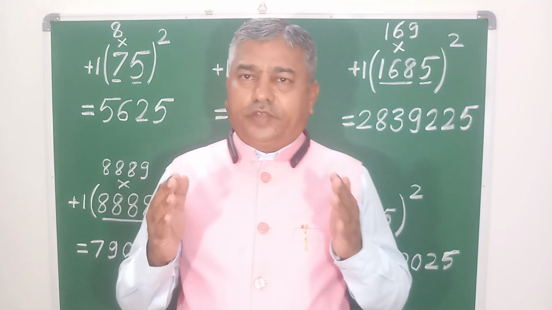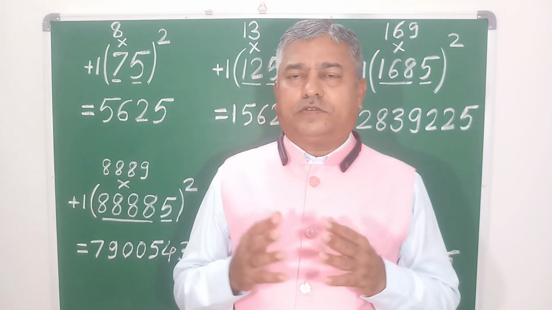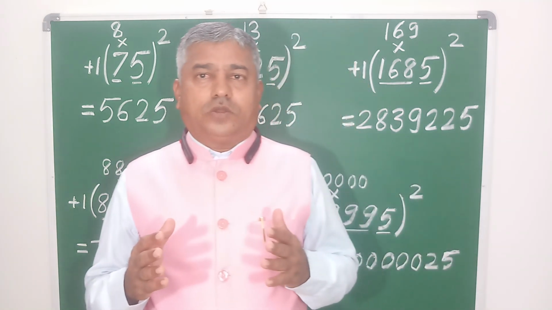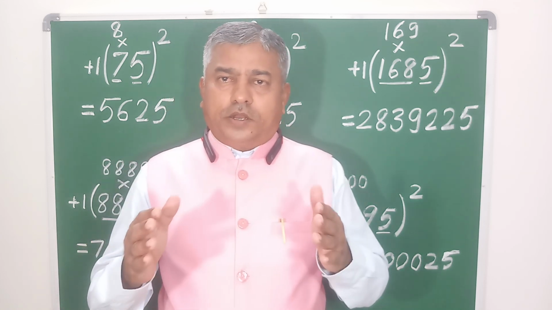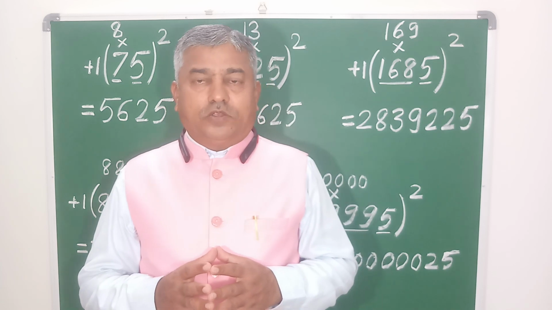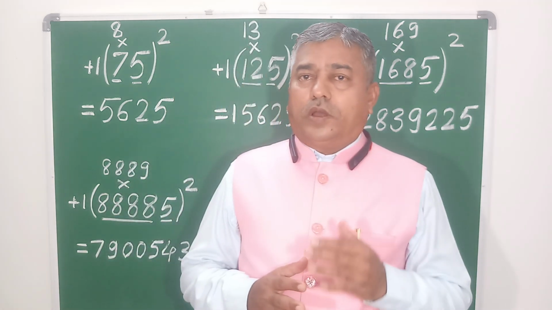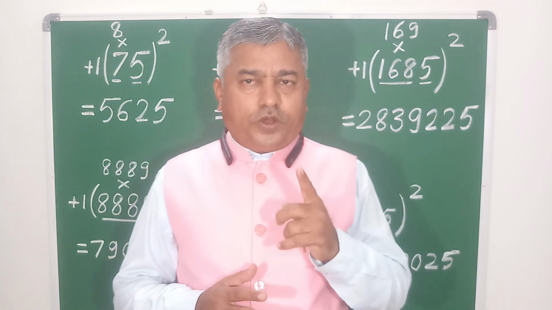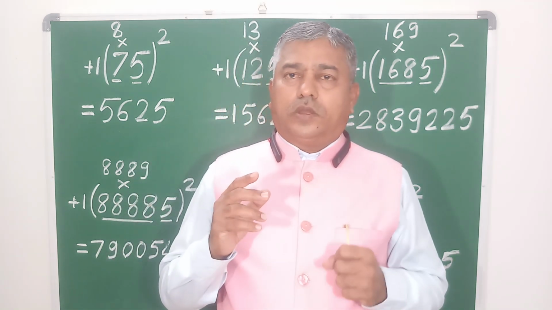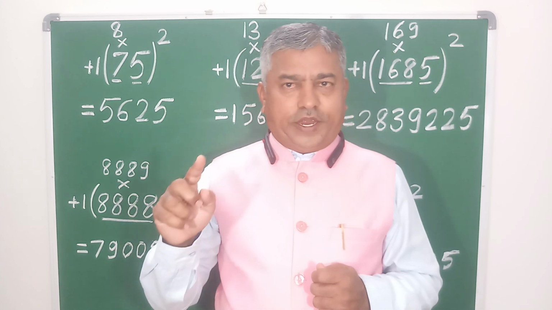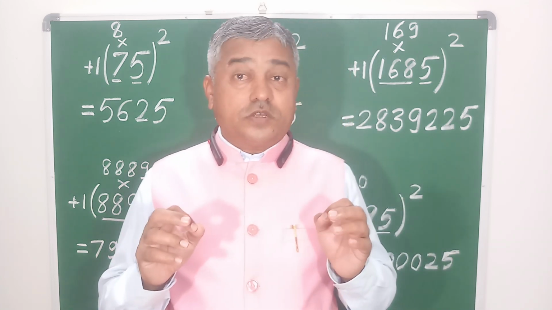There are 16 Sulabh Sutras and 13 Upasulabh Sutras in Vedic maths. So this is the first formula, that is called Ekadikena Purvena. This is the Sanskrit word.